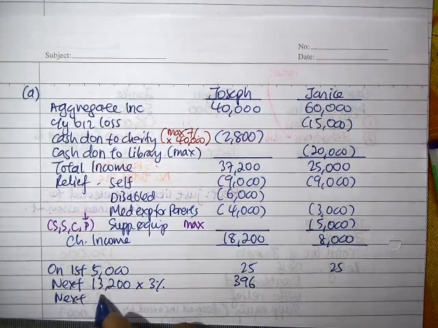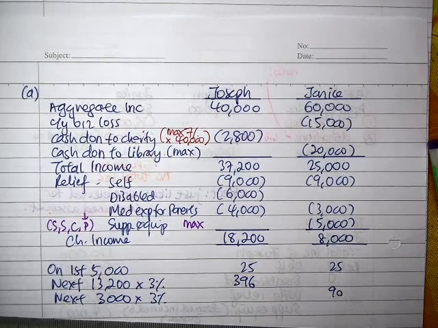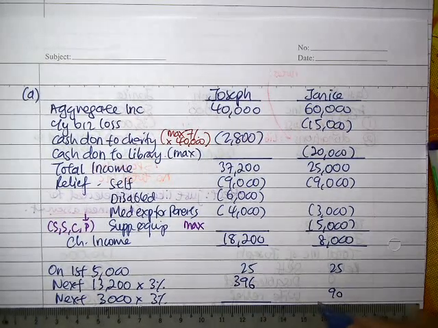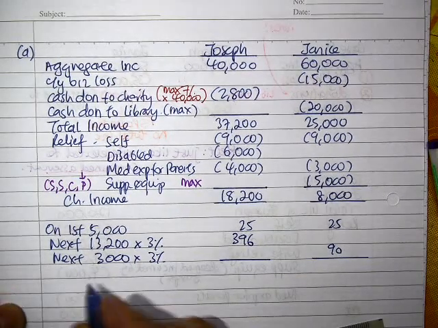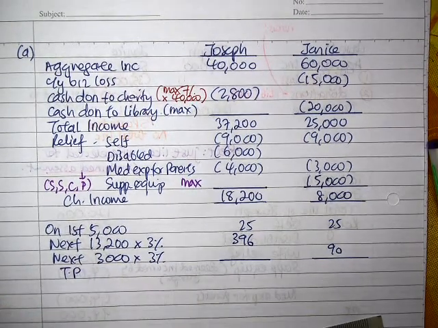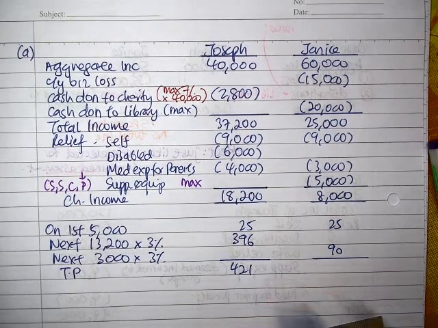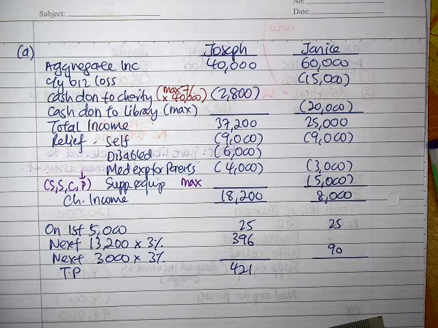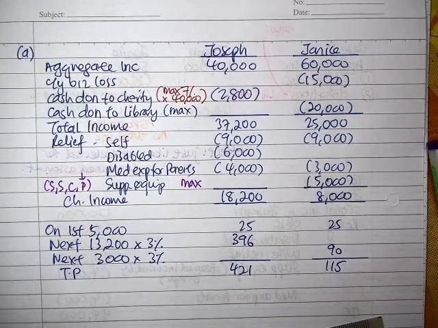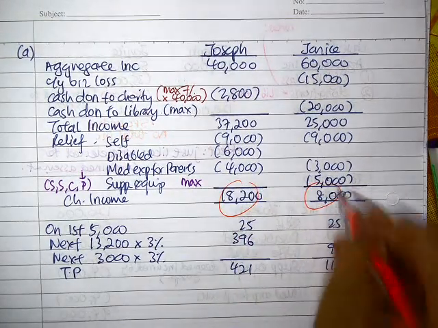Alright, so after claiming all the relief over here, you will get chargeable income of 37,200, right, 18,002, and 8,000. Okay, how much tax they need to pay respectively?